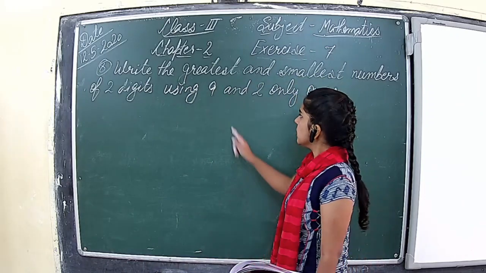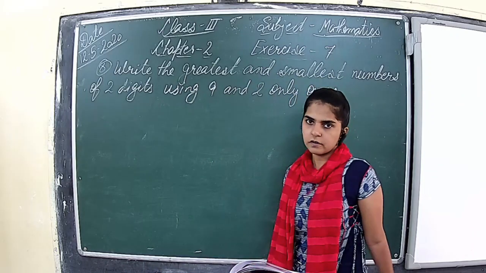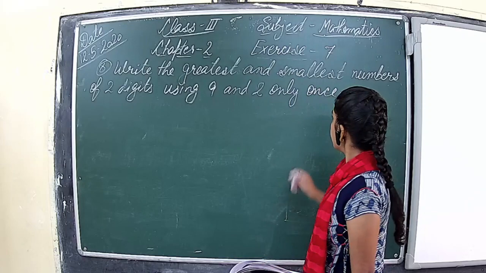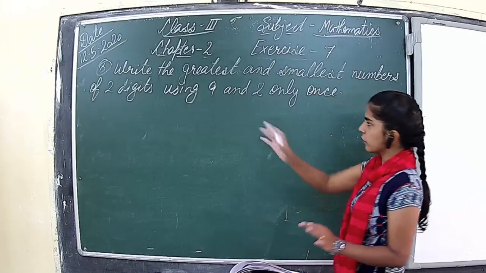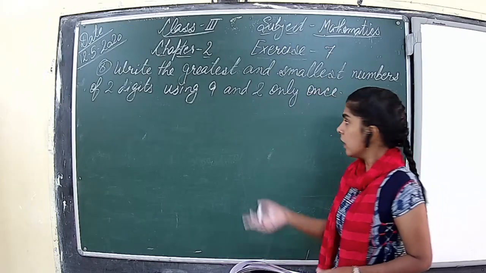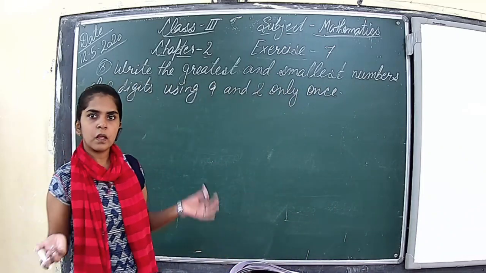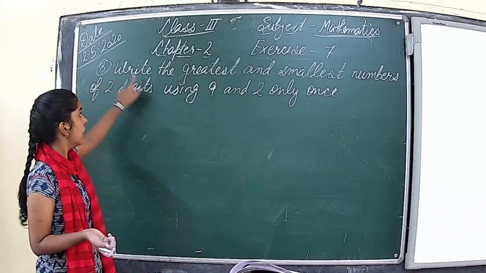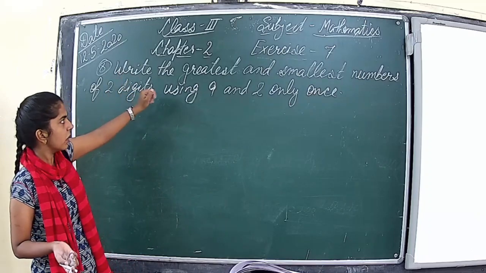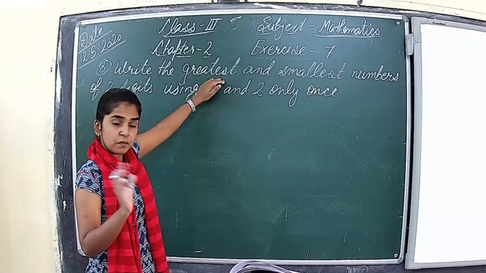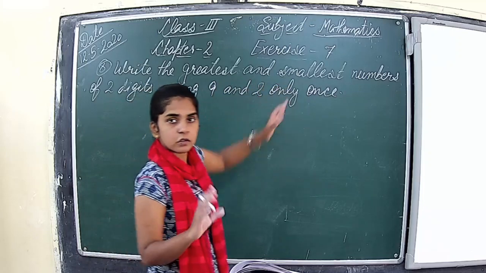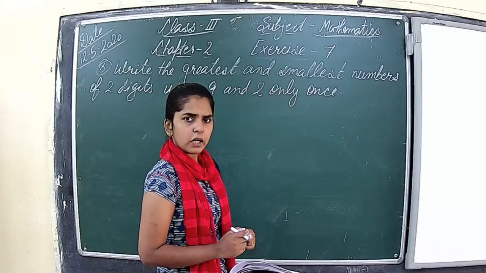So how many digits are there? 2 digits are there, and we want to form a number of 2 digits, right? Now what is the condition? We want to form the greatest number and then the smallest number, right?